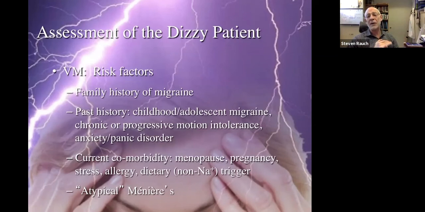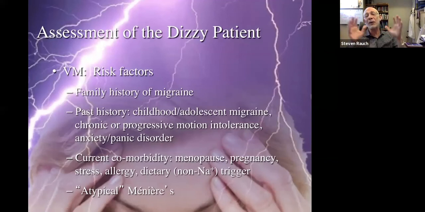Migraine is often hereditary, so you want to know if anybody else in the family is a migraineur. You want to know if they had it when they were young. You want to know their history of motion intolerance, because that's such a highly prevalent symptom in migraineurs. And you want to know whether they have anxiety and panic attacks, because anxiety and panic seem to coexist with migraine.